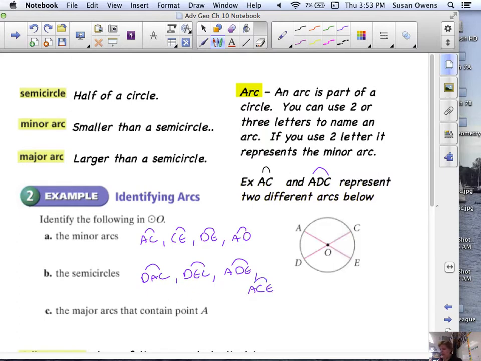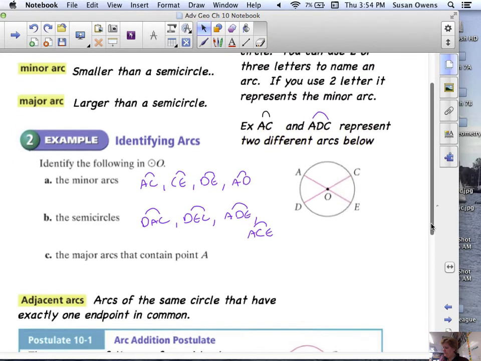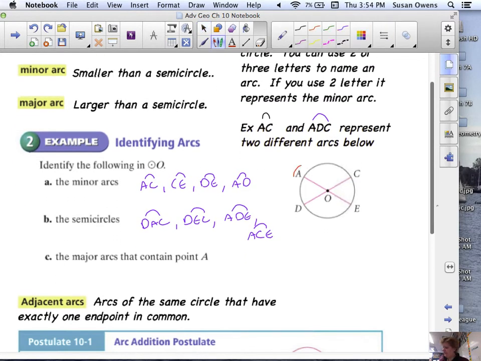And then any major arcs that contain point A. I could have DAE, and I'm not going to pick any that would have it as an endpoint, where you could argue that those would fulfill this, but I'm just going to pick major arcs that have this point other than one of the endpoints.